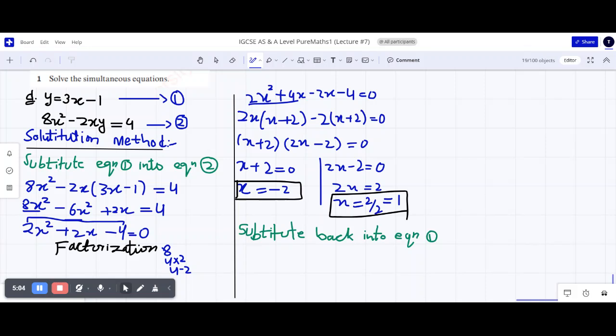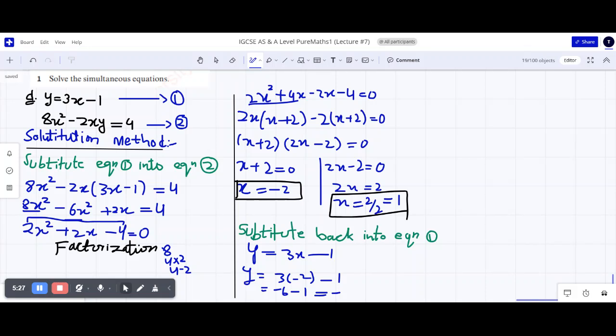Now the first equation here we have is y equals 3x minus 1. First we will substitute minus 2. So 3 into minus 2 minus 1, which is minus 6 minus 1.